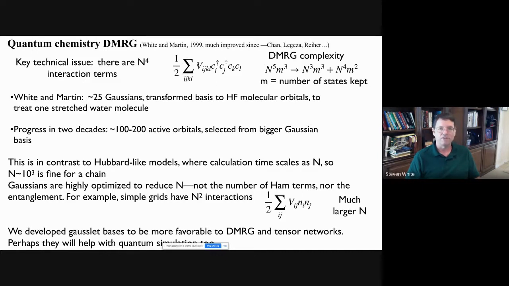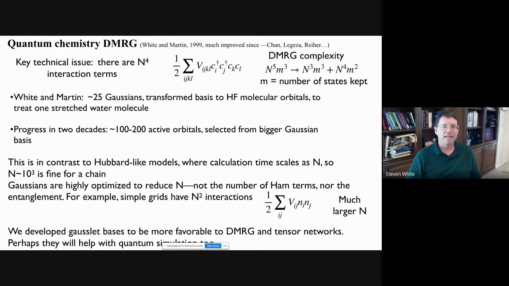The N to the fourth terms directly affect the complexity of the DMRG calculation. There are tricks that you can do, and a naive no-trick estimate might be scaling as the number of basis functions to the 5th power, but with tricks you can get it down so that the dominant term is N cubed M, where M is the number of states you keep, which is generally bigger than N. So this is the dominant term.